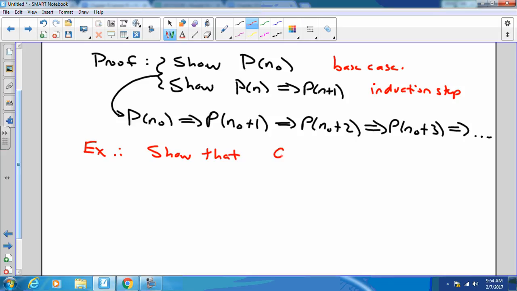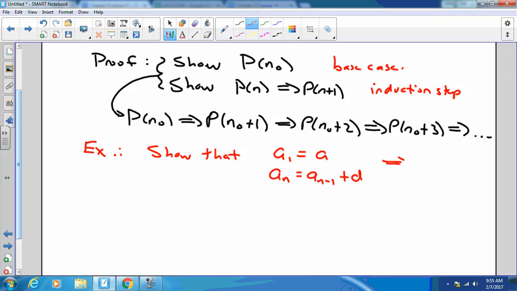Let's consider a recursively defined sequence like this. a1 is equal to a value a, and a(n) is equal to a(n-1) plus d.